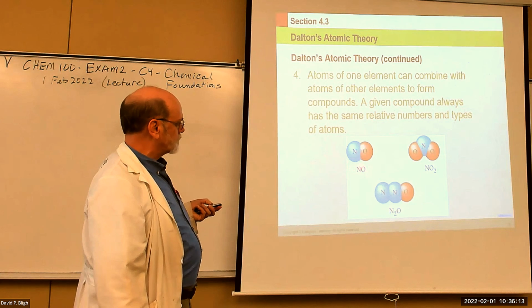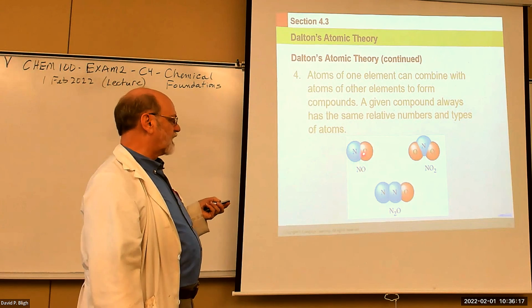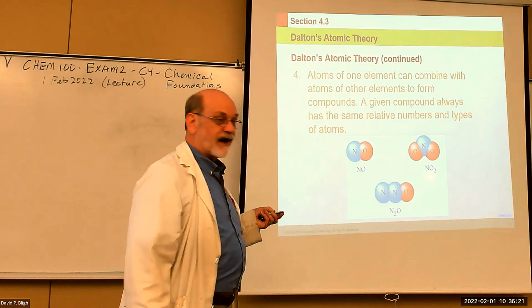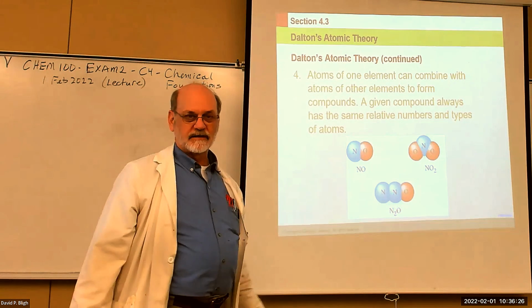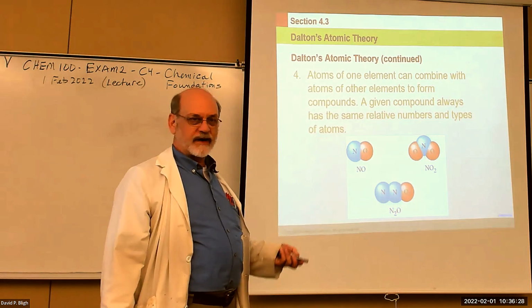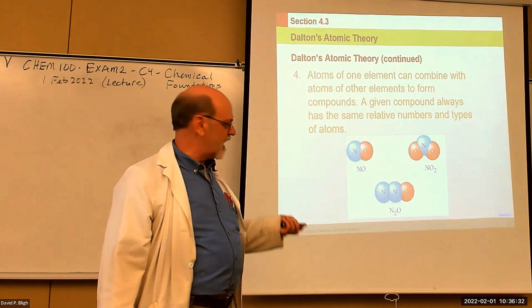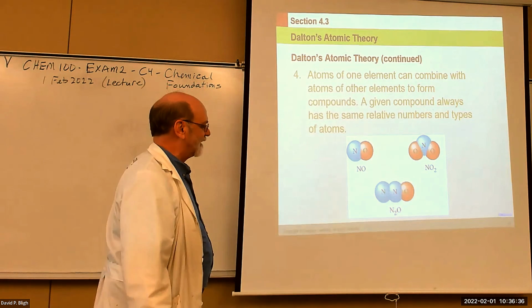So nitrogen and oxygen can produce nitrogen monoxide, NO. It can produce NO2, nitrogen dioxide, or it can produce N2O, dinitrogen monoxide. Everybody knows this one if you've ever been to the dentist's office and needed some sedation. This is laughing gas.